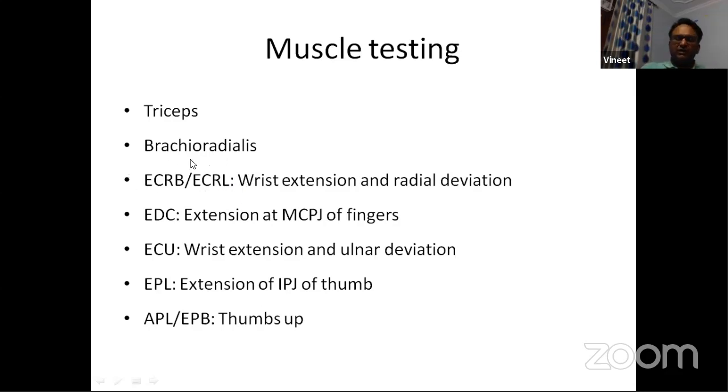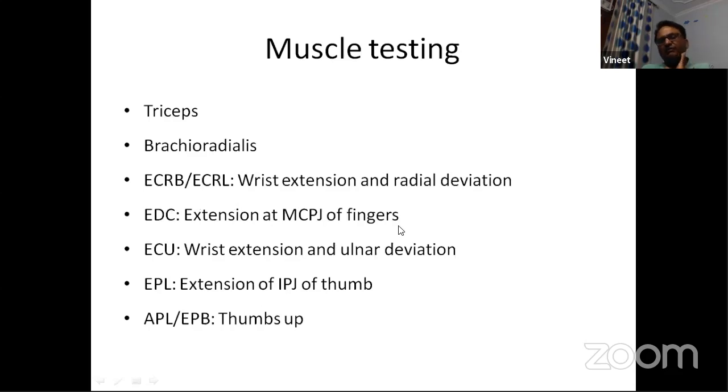It is very difficult and one cannot be absolutely sure, but one can flex the elbow and test for wrist extension, and that would be ECRB. With the wrist extended, ECRL would become effective. For all practical purposes, these muscles are closely supplied by the radial nerve, and in most cases they will be paralyzed together. So we may not be asked whether we want to test them separately or not.